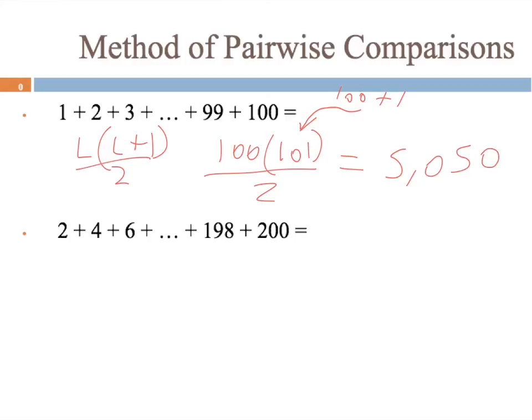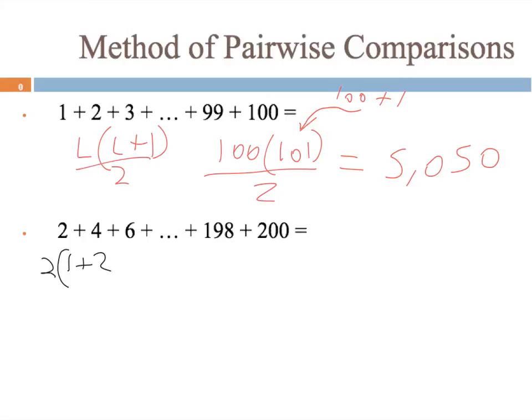All right, with the next one, you can't really use the same formula because these integers aren't actually consecutive. Okay, they skip. It's all the even integers up to 200. But let's do a little trick here. I notice all of them are even, so they are all multiples of 2. So if I just pulled out a GCF of 2, okay, greatest common factor, that would make all this 1 plus 2.